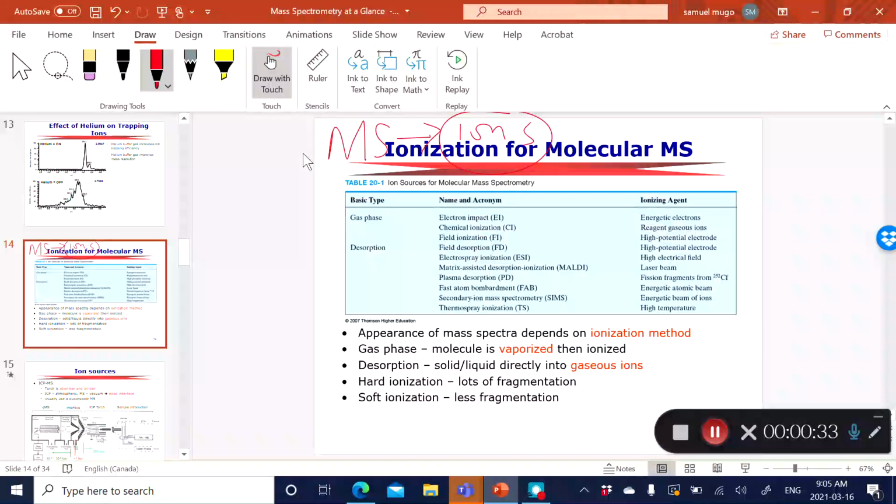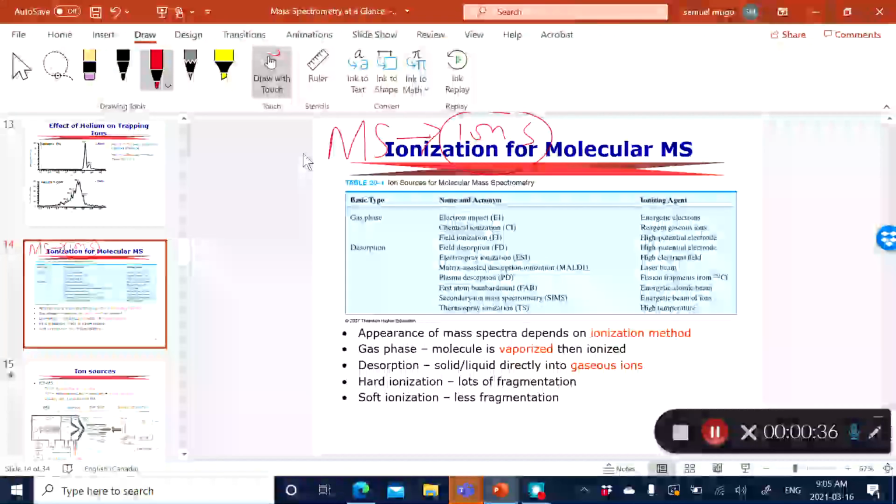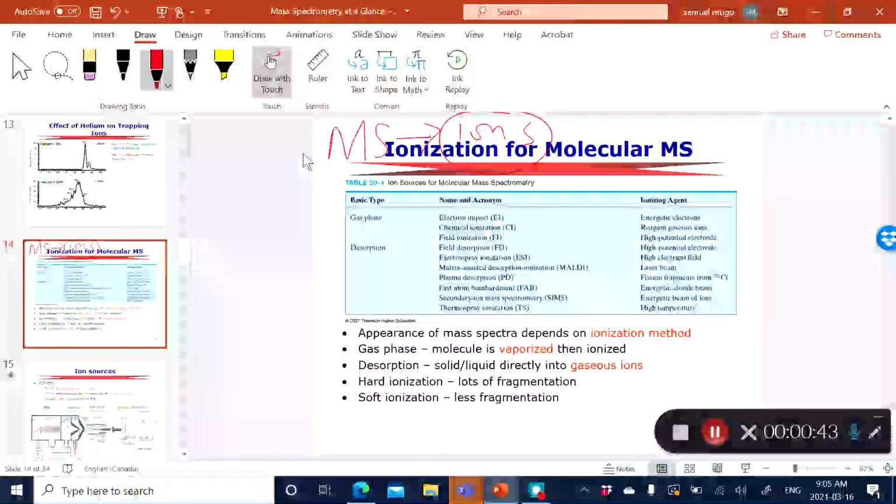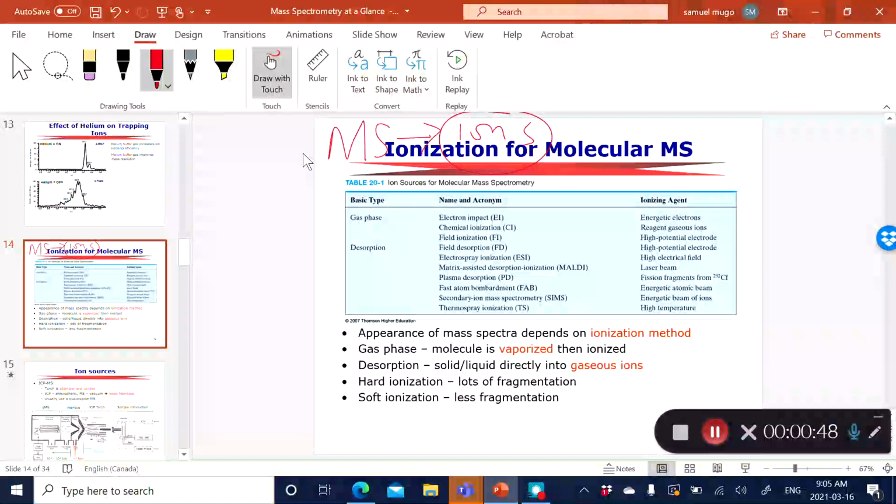There are many different types of ionization methods out there that are mainly designed for ionization of different types of chemical entities, as well as different types of molecules, as well as atoms.